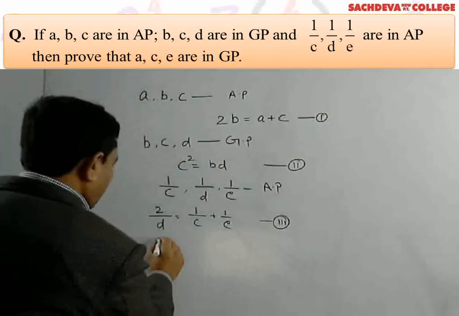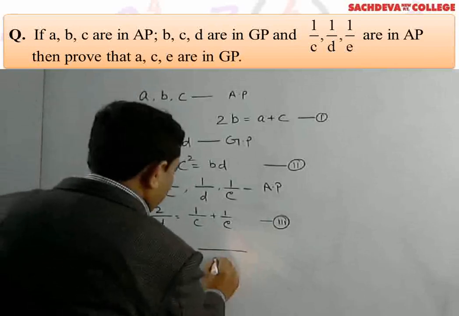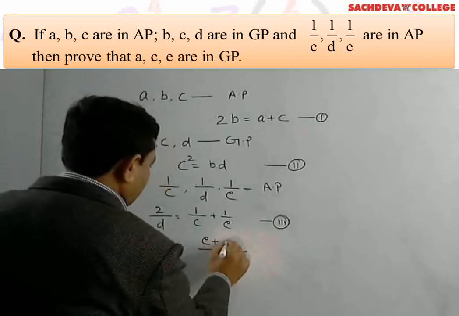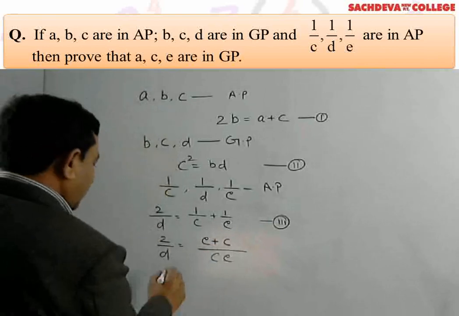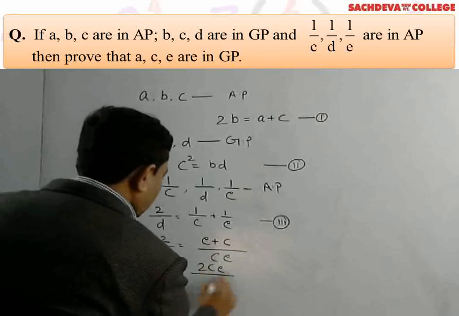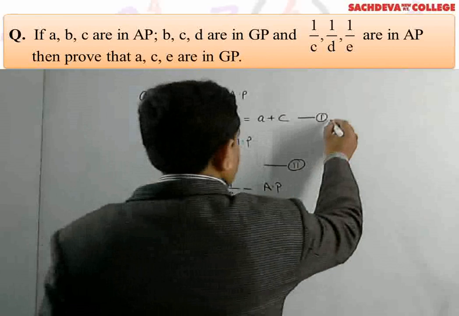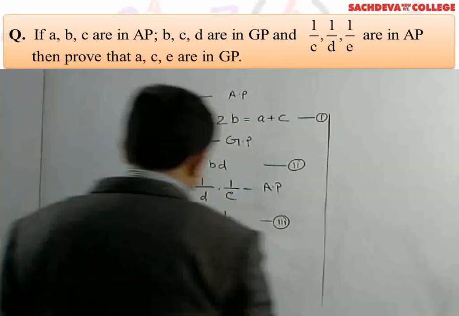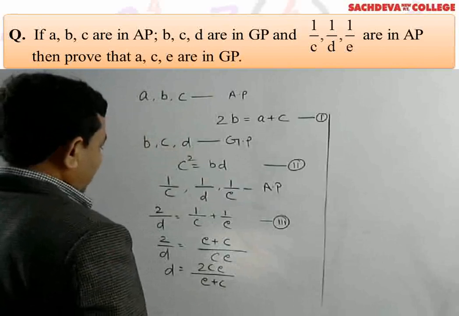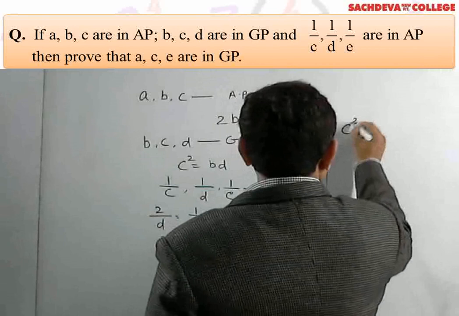Or we find 2 upon D is equal to, CE is the LCM here, then you find (E plus C) upon CE, or D will be equal to 2CE upon E plus C. Now on putting the value of D and B in the second equation, C squared is equal to BD.